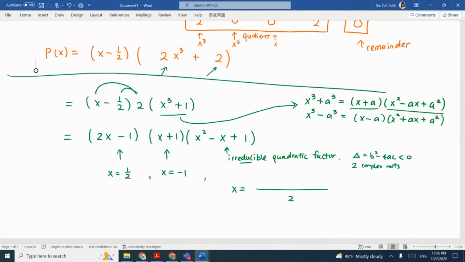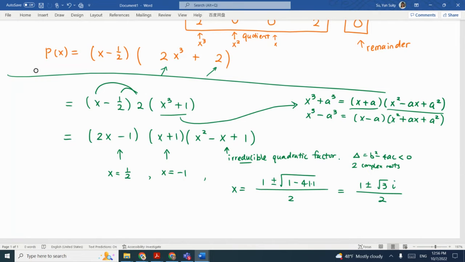Negative b is 1, plus or minus the square root of b squared, -1 squared is 1, minus 4ac, but a and c are both 1. So we get 1 minus 4, which is -3, so you can put square root of 3i. This is how we express the complex numbers.